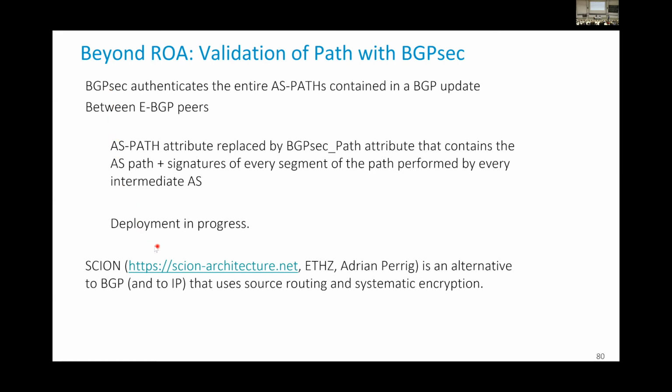Because of that, there is an alternative to BGP. I mentioned that BGP is the only format that exists today. There is an alternative that is deployed largely. Most of it was developed in Switzerland at ETH by Professor Adrian Perrig in the project called SCION. SCION is not just an alternative to BGP, it's also an alternative to IP.